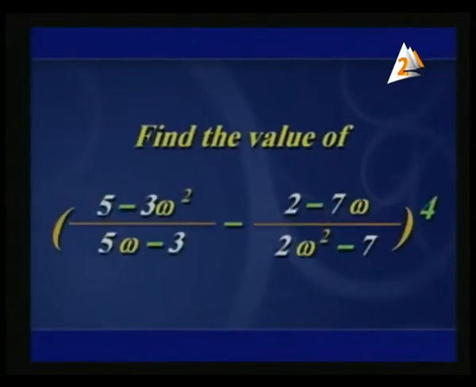Find the value of (5 − 3ω²)/(5ω − 3) − (2 − 7ω)/(2ω² − 7) all to the power 4. Solution.